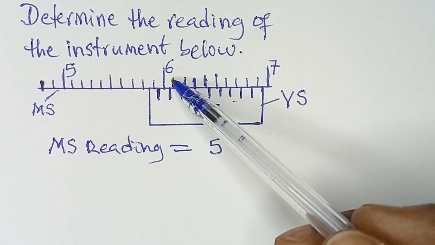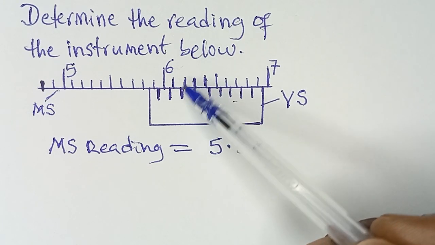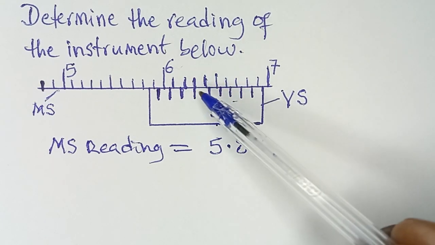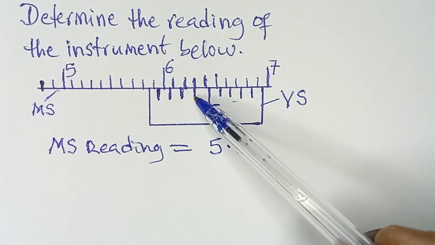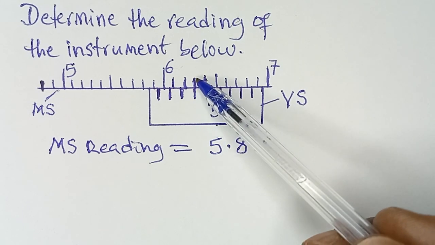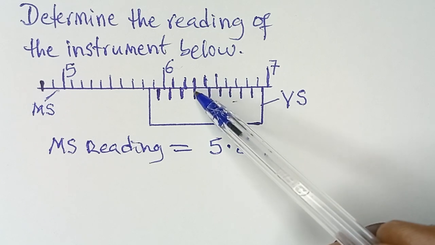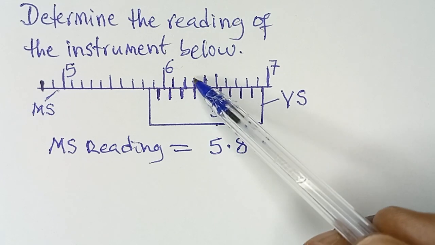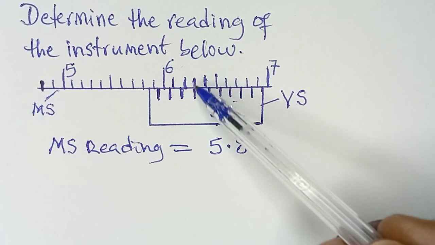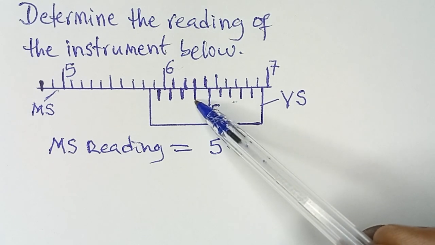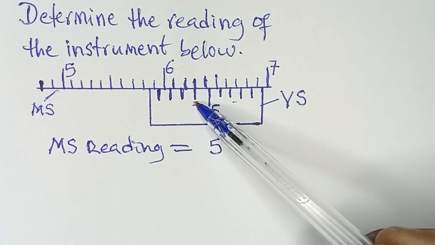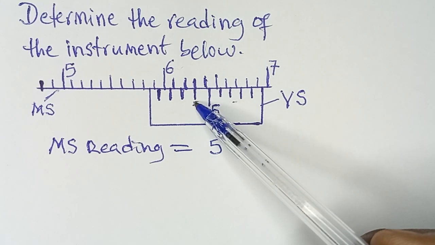This number 2 does not coincide with any line. Number 3 does not coincide with any line. But if you look at number 4, this fourth line here on the vernier scale is coinciding with the main scale line there. So these two lines are coinciding, that is, they meet. So this is where we're going to take our reading, this one, on the vernier scale. And this is the number 4.